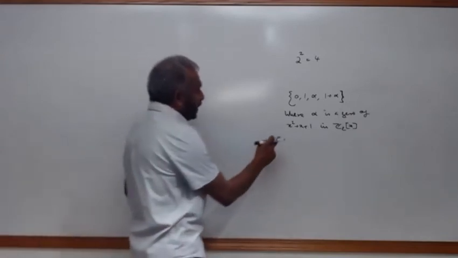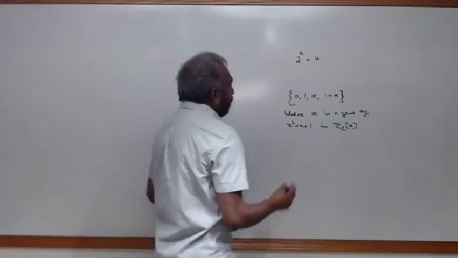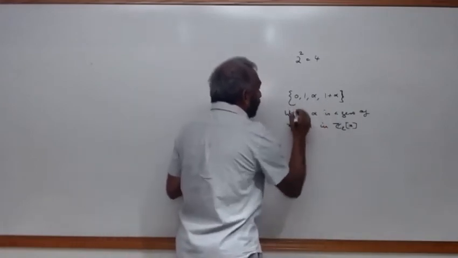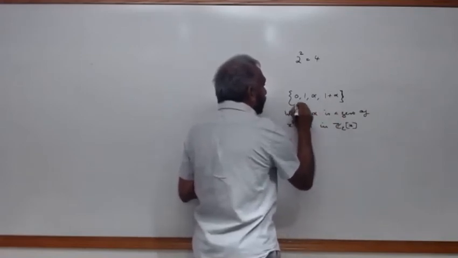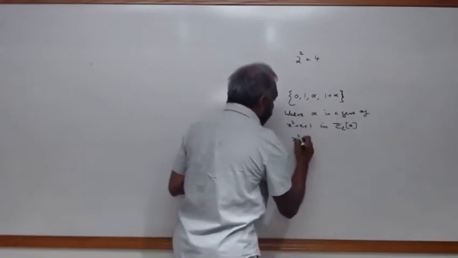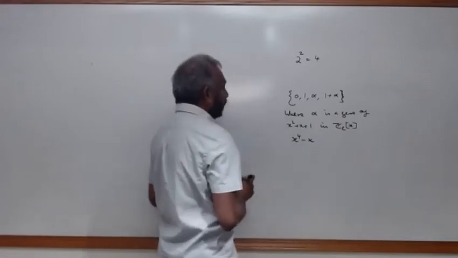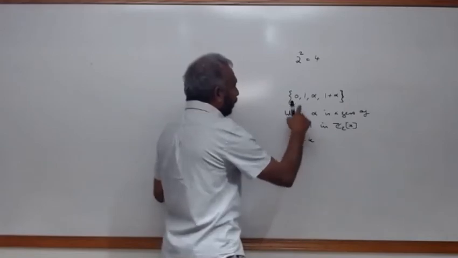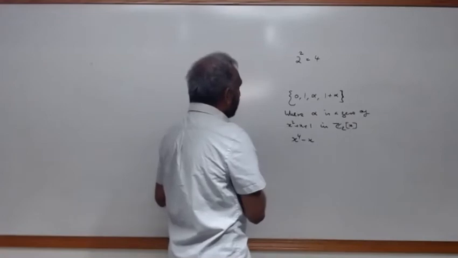And this is an irreducible polynomial, and we found that basically these 4 elements are the zeros of x to the power of 4 minus x. There are 4 different zeros of this polynomial.